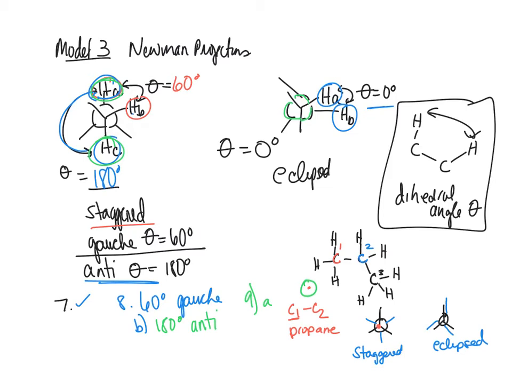So draw a Newman. So your eye is looking down the C1, C2 bond. So draw C1 in the front, and C2 is going to be your back carbon. So you can just circle that, and this is going to be your front carbon. Then add all the substituents.